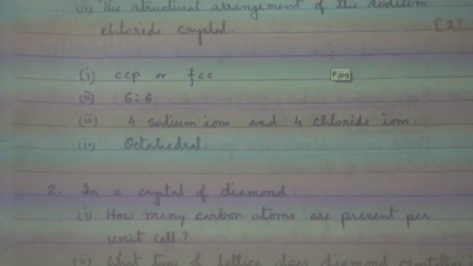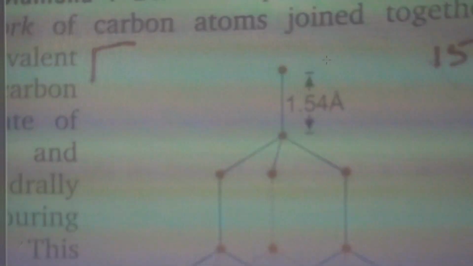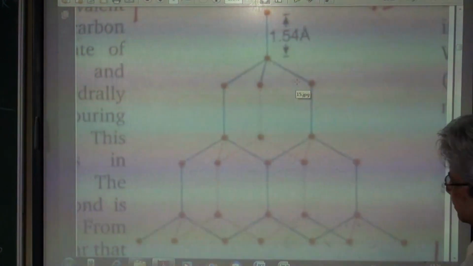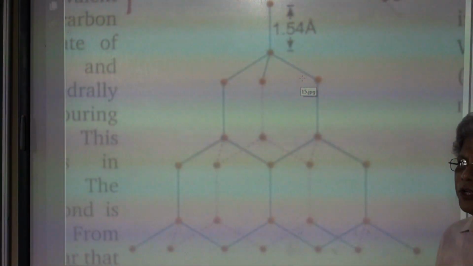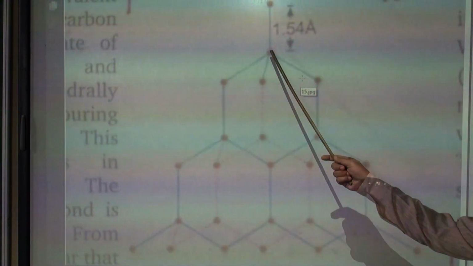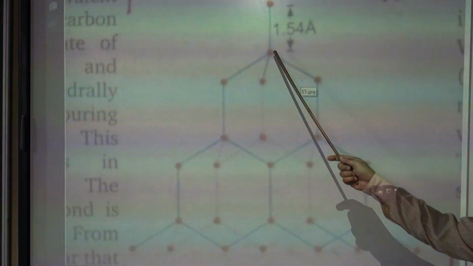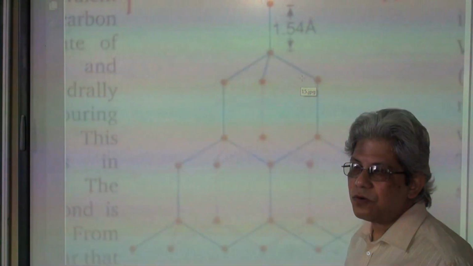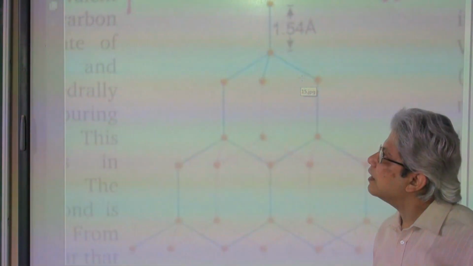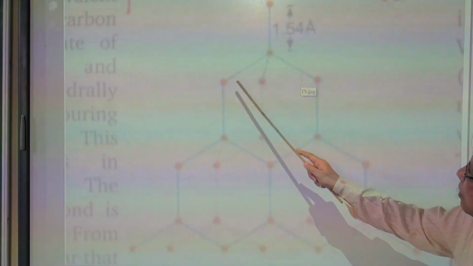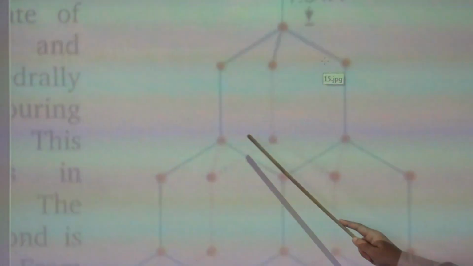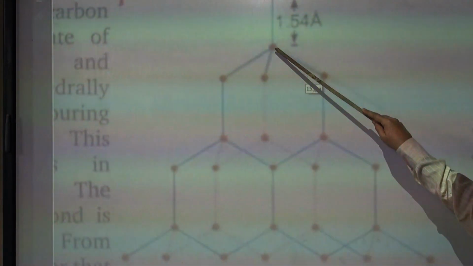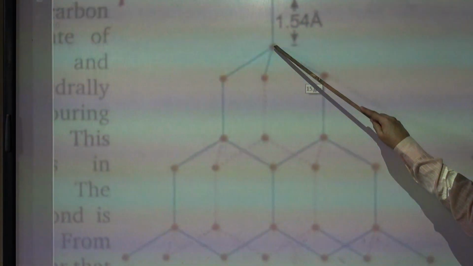Next, structure of diamond. We know in organic chemistry we have learned that carbon atoms have tetracovalency. Here you see these all dots are carbon atoms. In diamond, look at this particular carbon atom.